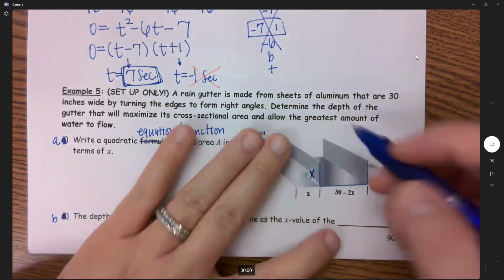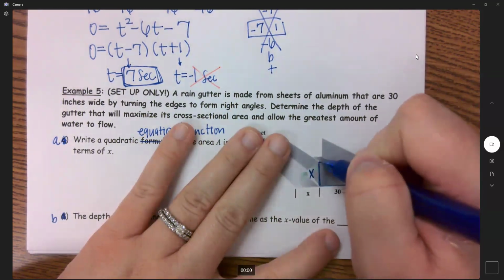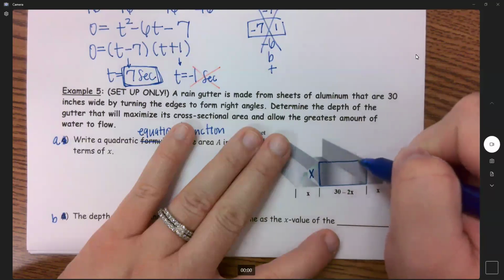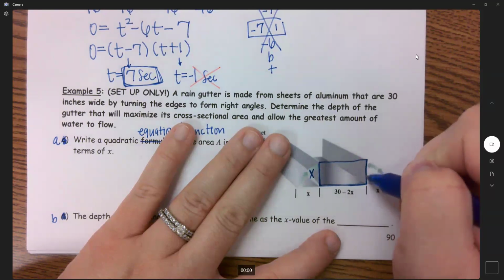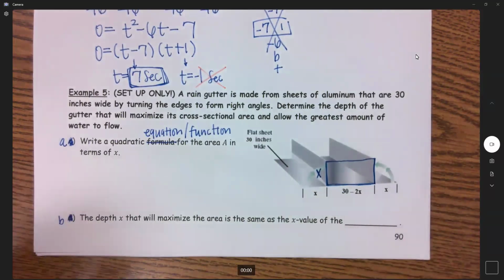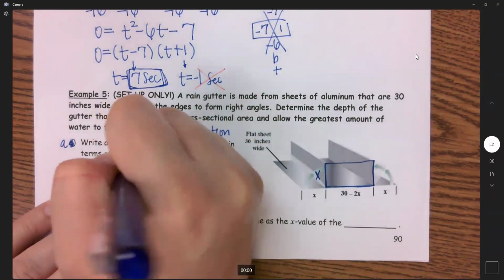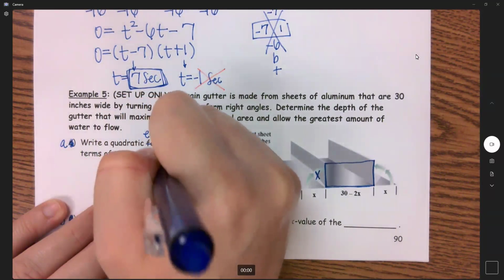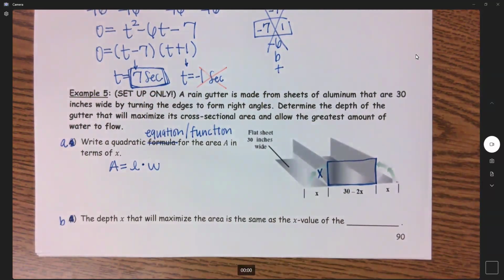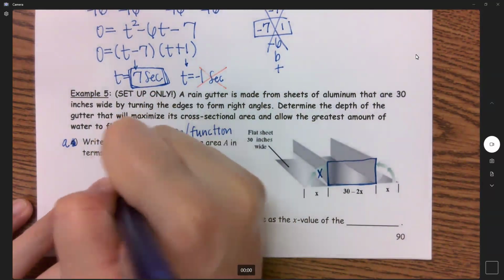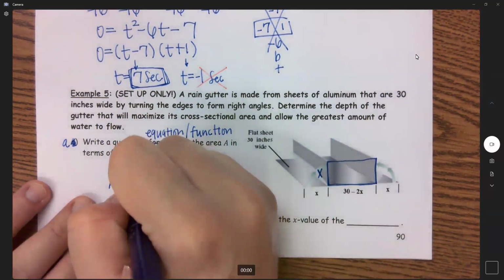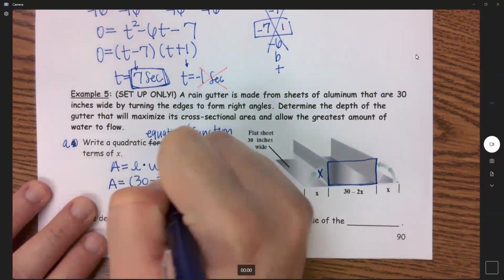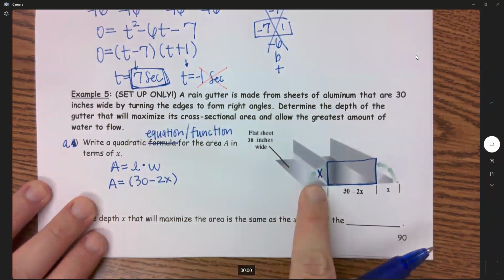So if this is my shape, I have a rectangle. And your area for a rectangle is length times width. The length is this 30 minus 2x, and the width is that x.